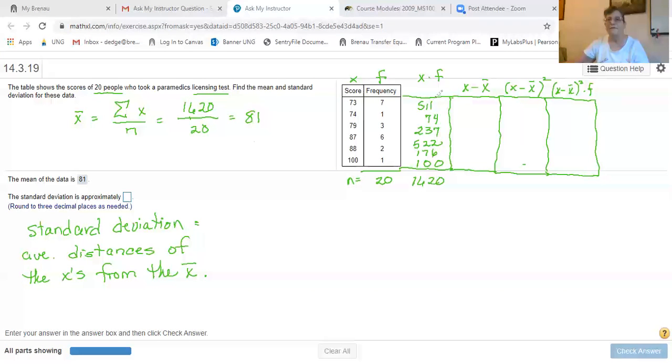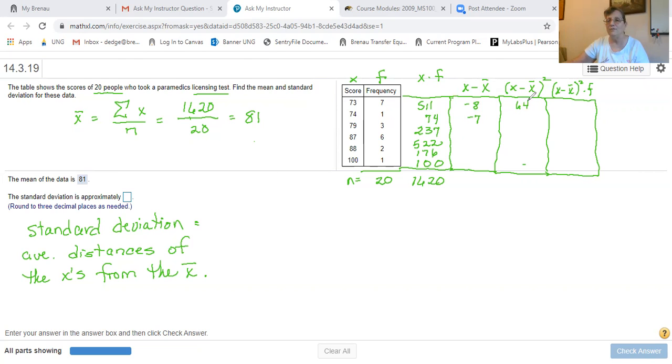The difference between 73 and 81 is 73 minus 81, which is -8. The difference between 74 and 81, 74 minus 81, is -7. Now we're going to do that all the way down. Then we're going to take these differences between the number and the mean and square them.